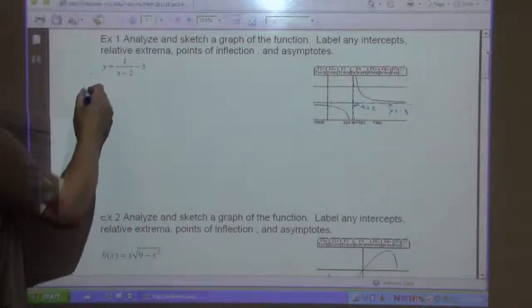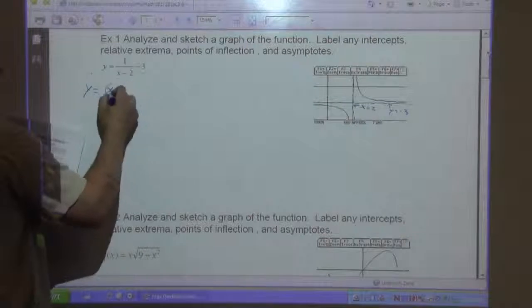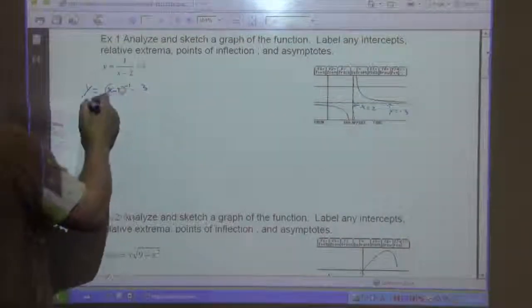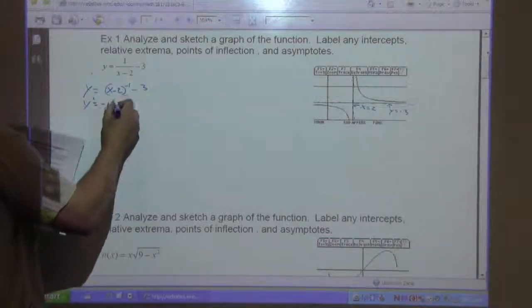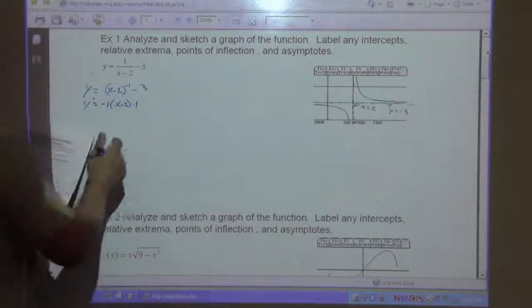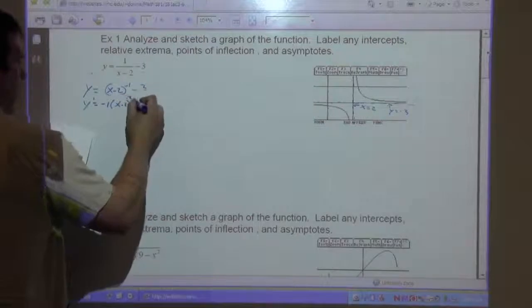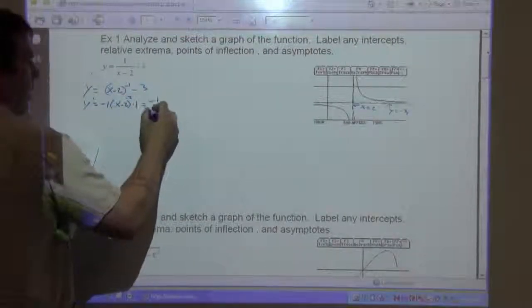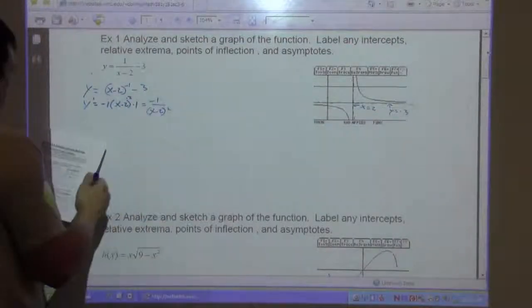So if we have y equals x minus 2 to the negative 1 power minus 3, y prime is going to be negative 1 times x minus 2 to the negative 2 power, times 1. That's going to be negative 1 over x minus 2 squared.